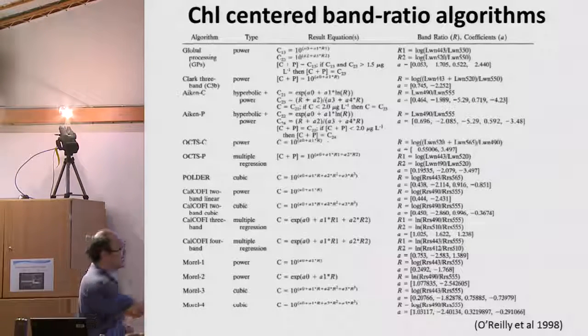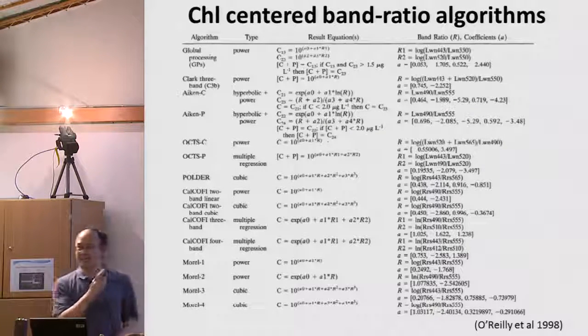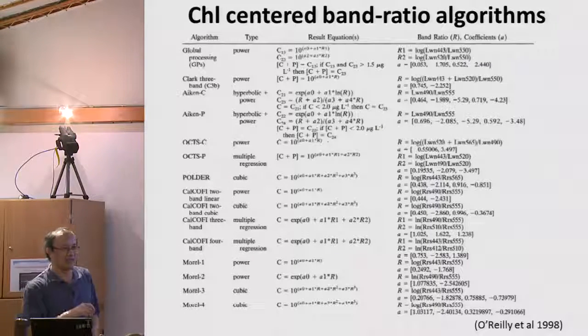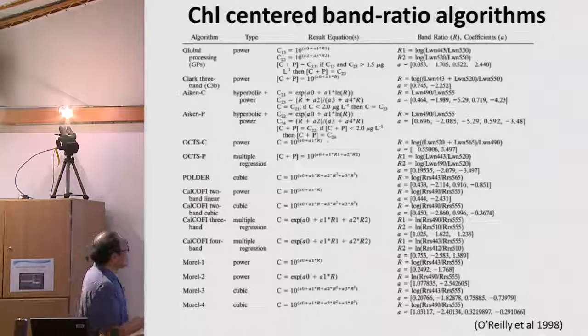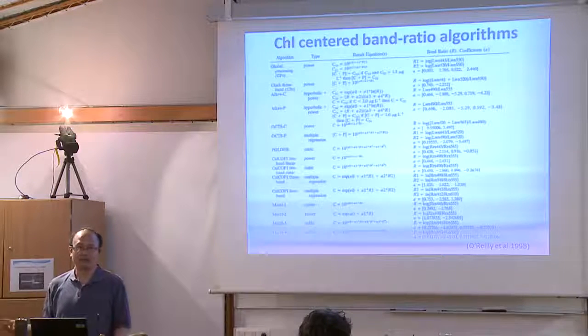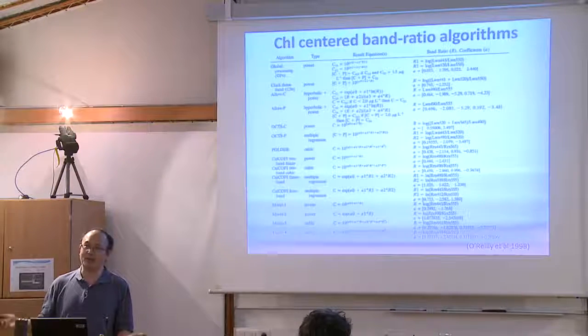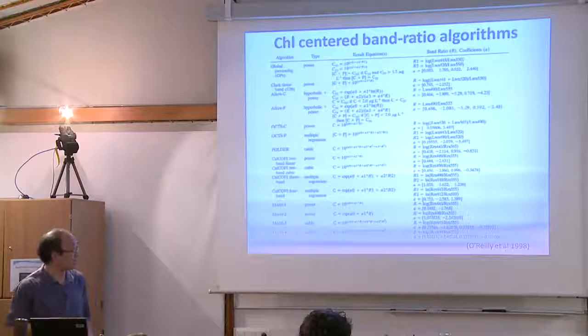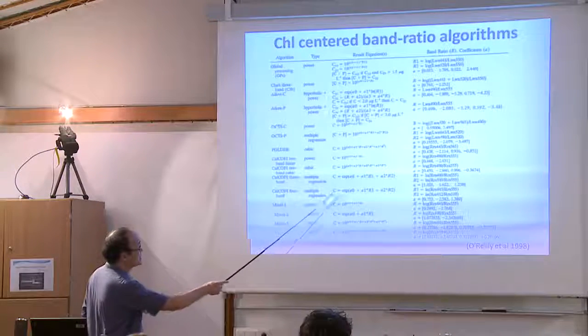If you ever read this paper, it has been cited almost, I think, 2,000 times. That's the most cited paper in ocean color remote sensing, I think. It lists a bunch of empirical algorithms for chlorophyll. Everything is about chlorophyll in this paper. You have all kinds of explicit functions.